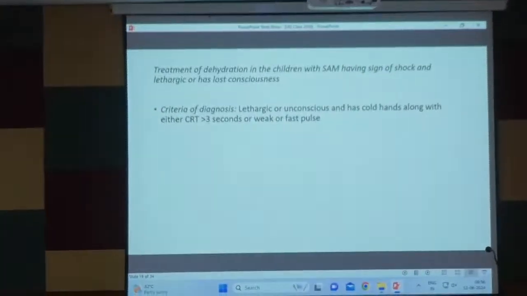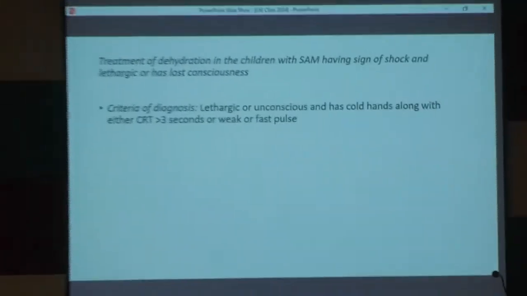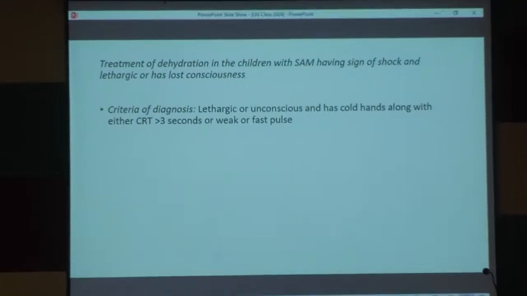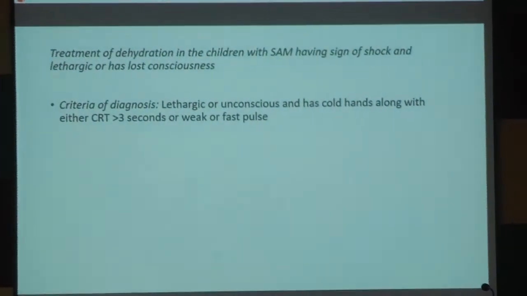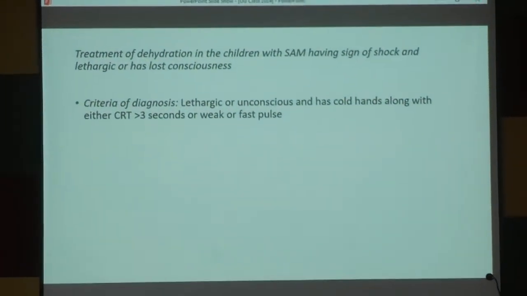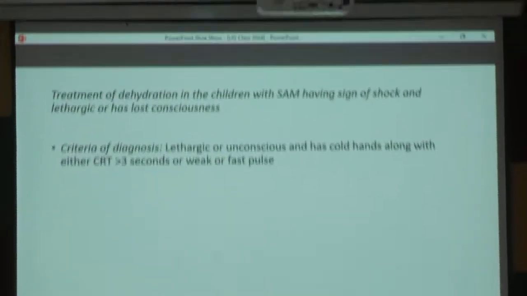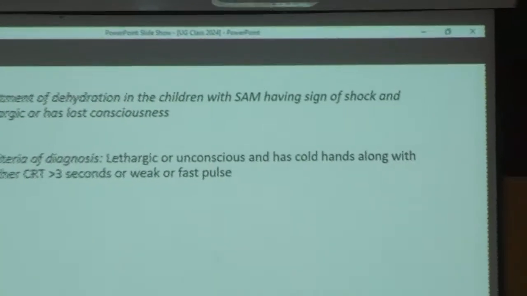If the shock is present, how do you determine the shock? You see the child is lethargic or has lost consciousness. How do you diagnose? CRT, capillary refill time. Clinically you have to show, right? Do you know how to examine the capillary refill time?